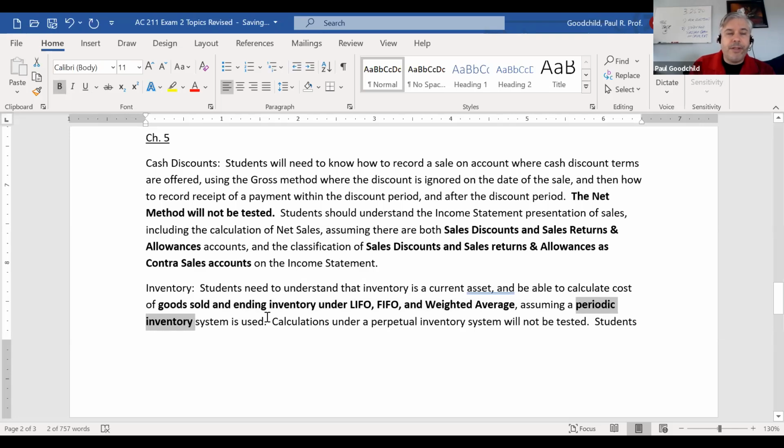So that's going to be a lot easier than a perpetual inventory system, because even if you get some sales before we got all the batches in, you're not as worried about timing, because under the periodic system, we treat everything in kind of a pool at the end. And then calculations used under perpetual system will not be tested.